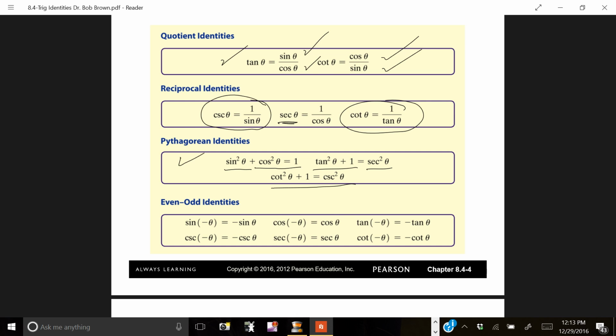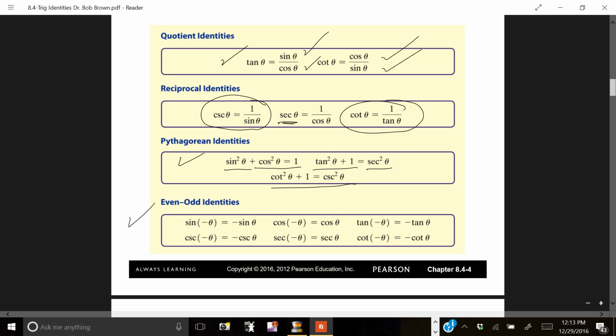Now, even and odd identities you need to understand. You remember that the sine function looks like this. And so the sine of minus theta is equal to minus sine of theta. The cosine function is an even function, and the middle part of it looks like this.